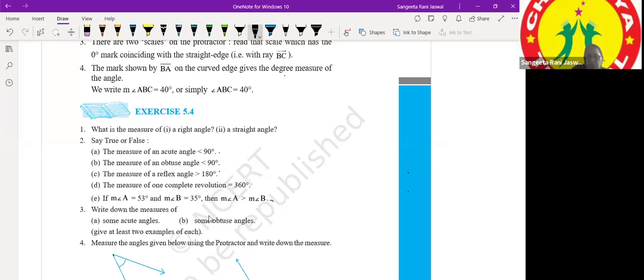Okay, next, Nishika. The measure of an obtuse angle is less than 90 degrees. Is it true or false? Nishika?